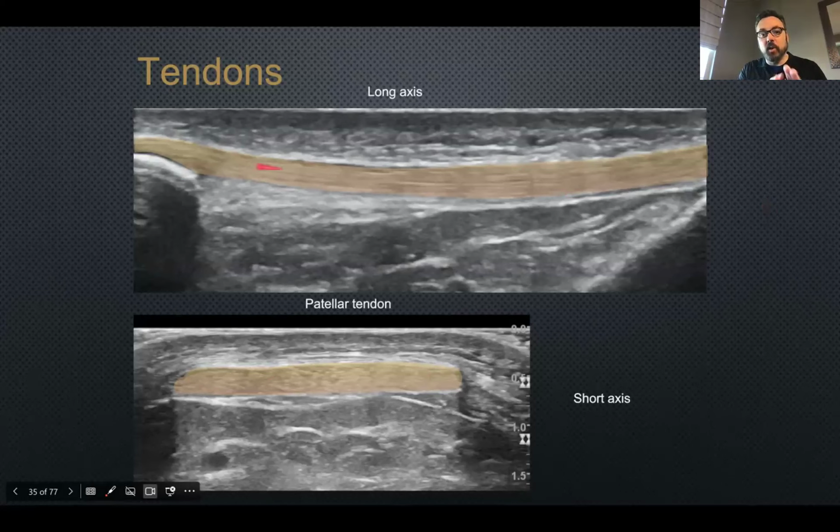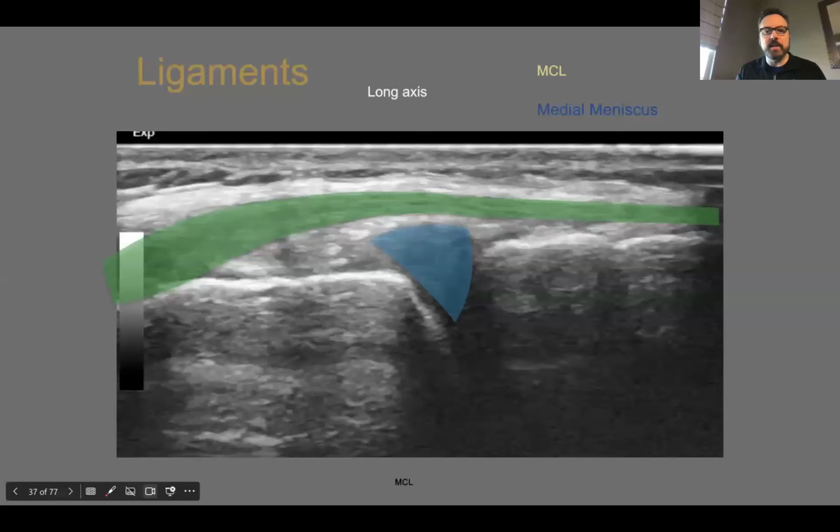That's the patellar tendon in long axis. We could see it from side to side. Then if we turn the probe 90 degrees, now we're looking at it from an axial perspective right there. Now, if I take away the coloring, you can see what it looks like on ultrasound. A big thing with ultrasound is knowing where the probe is and what the anatomy is underneath it.